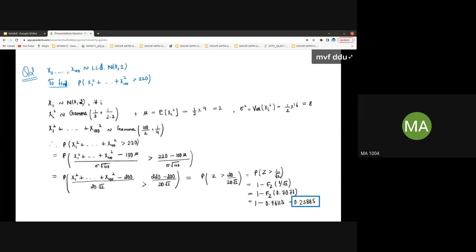Okay, from here we get the expected value of this gamma distribution as 2 and the variance as 8. But we are not looking at a single gamma distribution. We are looking at the sum of gamma distributions.